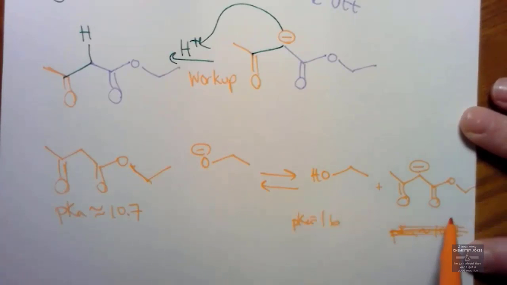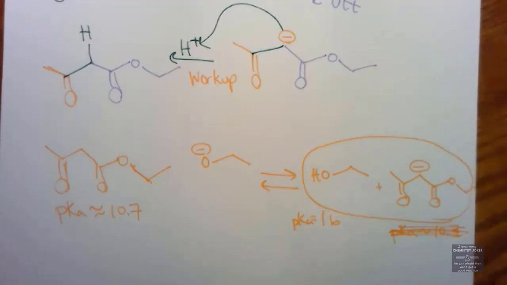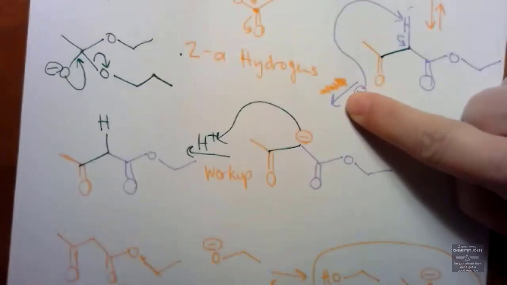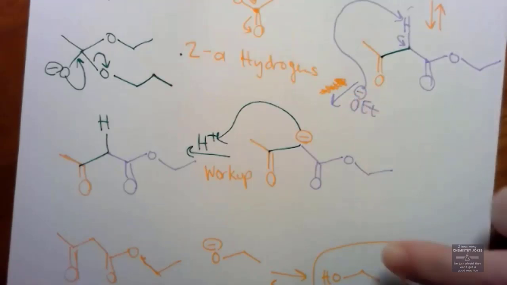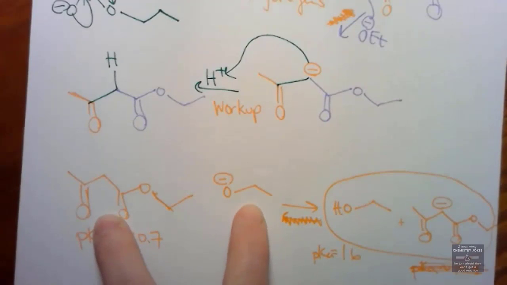Equilibrium favors products and products only. That difference is big enough that we would say it's almost exclusively products. So that's why we say this step right here is irreversible, because the pKa says it's irreversible. The pKa says you have products only when those two are in solution together.